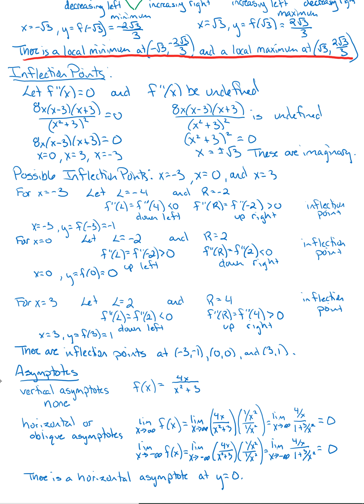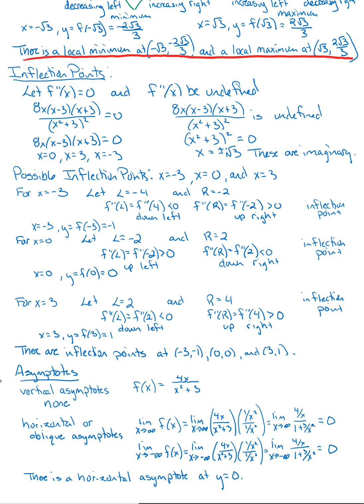Must have gotten erased. These are, again, imaginary. So, since these are imaginary, we do not need to consider those for our points of inflection. So, all in all, we have 3 possible points of inflection: x is equal to negative 3, x is equal to 0, and x is equal to positive 3.